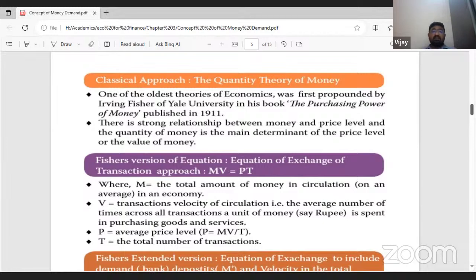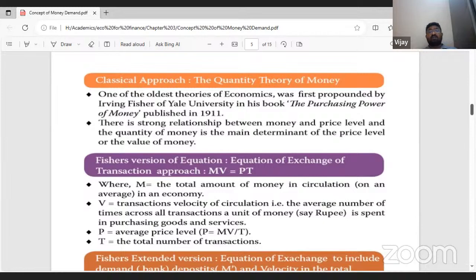For example, 100 rupees is there. If that 100 rupees has been transacted with 10 people, then it will be 1000. This 1000 rupees is used to buy goods, where the price per good is 10 rupees and the number of transactions made is 100.